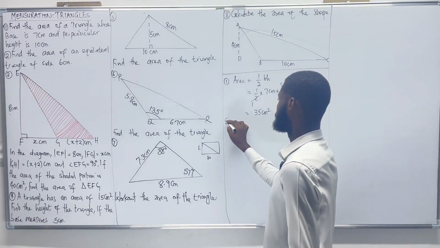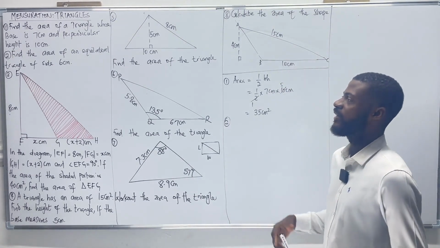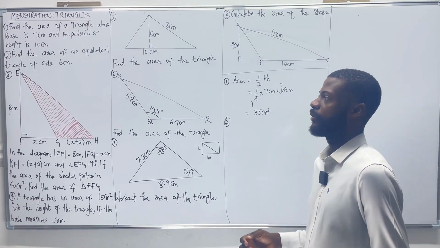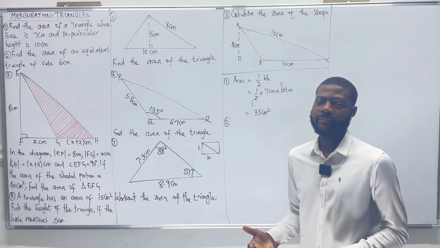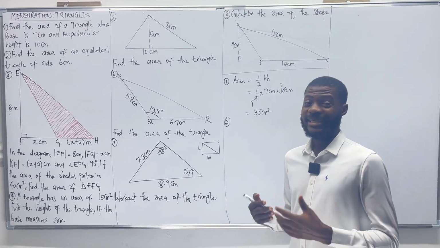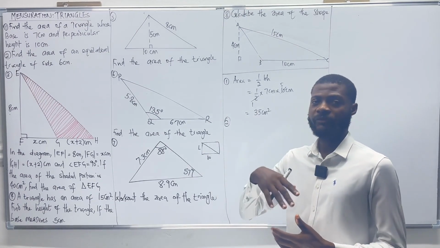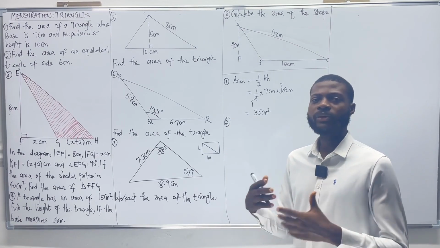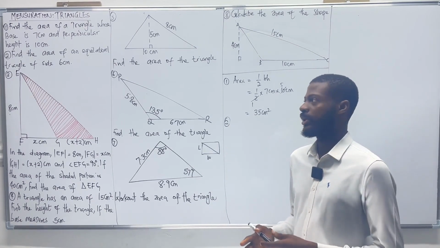The second question says find the area of an equilateral triangle of side 6 cm. I've already explained how to find that in the previous video, but for this video, I want to introduce a different formula.